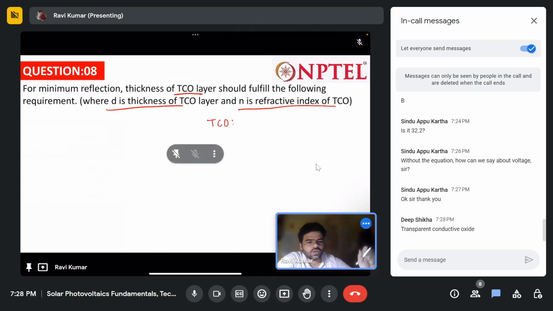Transparent conductive oxide, yes. Where is it being used in solar cell? Which technology? Thin film technology.